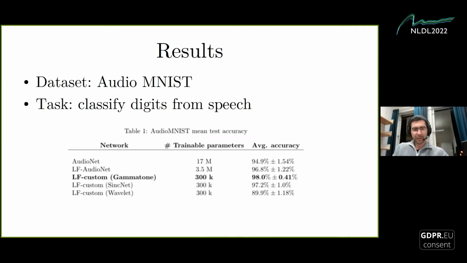If you look at this table, the first line is a complex big model for audio with a lot of trainable parameters, and just below that you have this LF, a learnable filter version of it, where we change only the first layer with our learnable filters. That reduces the number of trainable parameters a lot, and then we get a better accuracy.